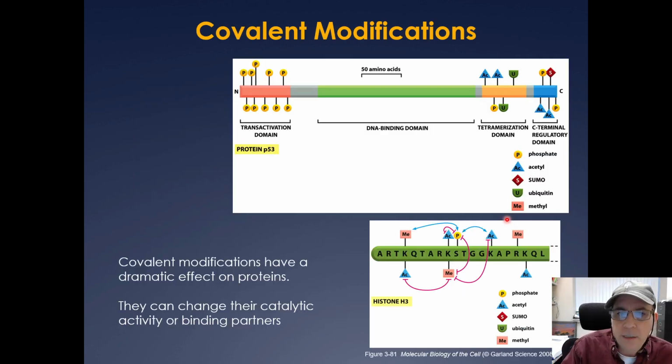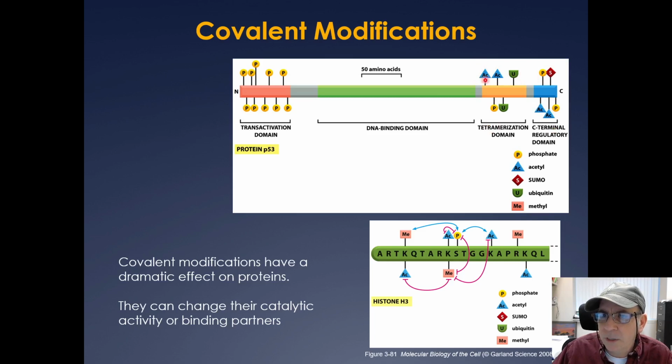You can also get all kinds of covalent modifications on proteins, and in this instance here's P53. This is a really important tumor suppressor that we'll see throughout the course, and you can have a transactivation domain which gets a lot of phosphorylation, phosphates added to the N terminal of it, and then there's a DNA binding domain, and then you have other domains, a tetramerization domain and a C-terminal regulatory domain that get all kinds of other modifications.